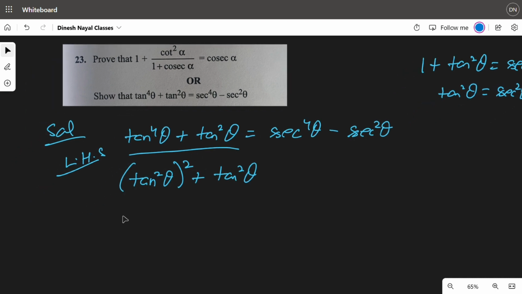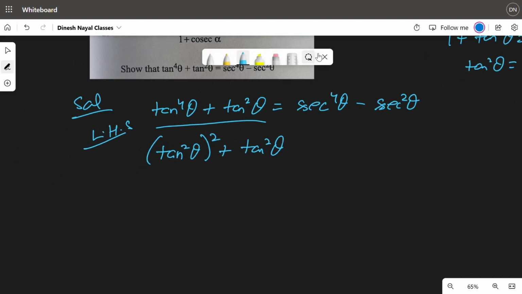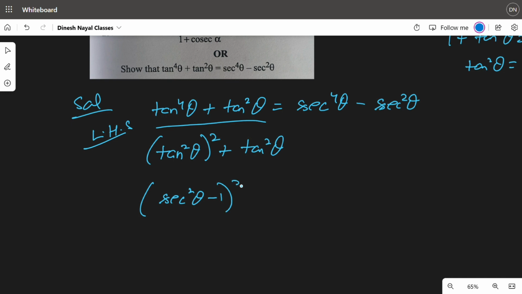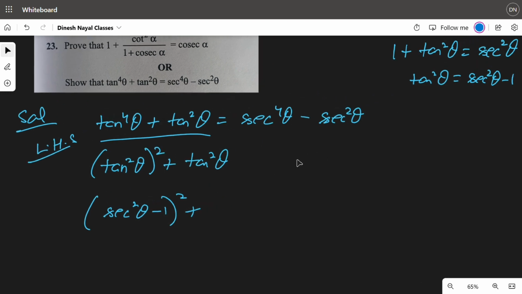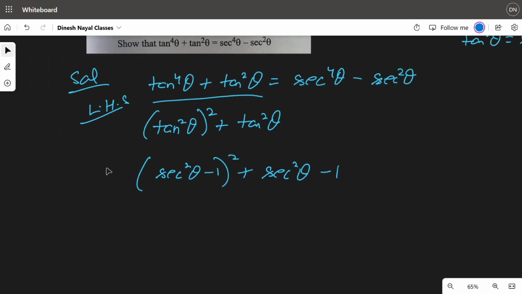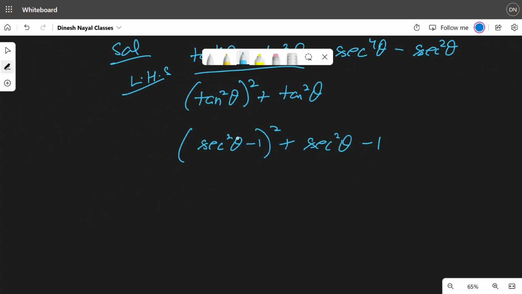So that's what I'm going to write over here. Tan square theta is sec square theta minus 1 whole square plus, again, tan square theta, which you can write as sec square theta minus 1. Now expand this bracket.